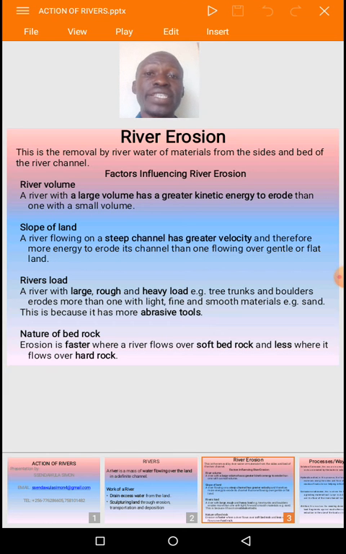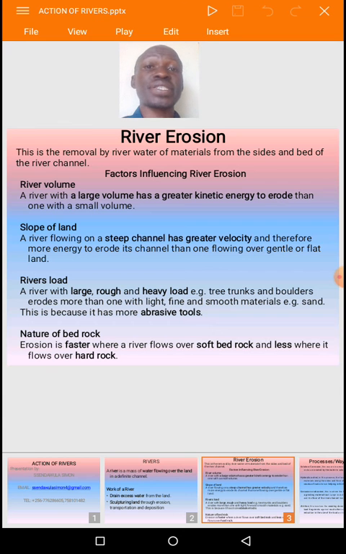So we are saying the removal by river water of materials from the sides, that's the banks, and the bed, the bottom of the river channel.